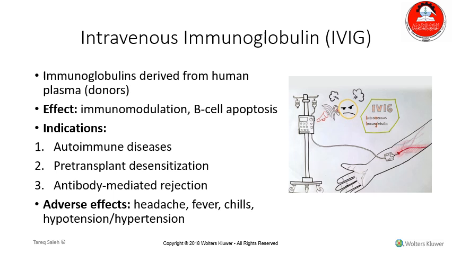So many uses. They are associated with several adverse effects, including headache, fever, chills, hypotension, or hypertension. Of course, IVIGs are also considered in many other conditions, such as platelet disorders, and they are used, for example, against idiopathic thrombocytopenic purpura, which is a bleeding disorder common in children.